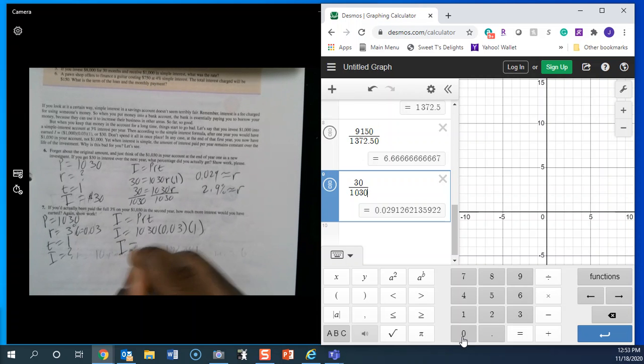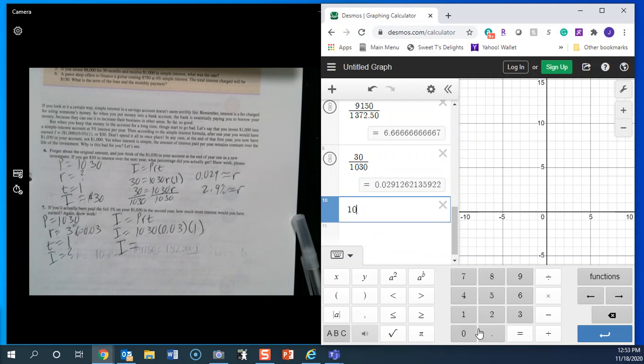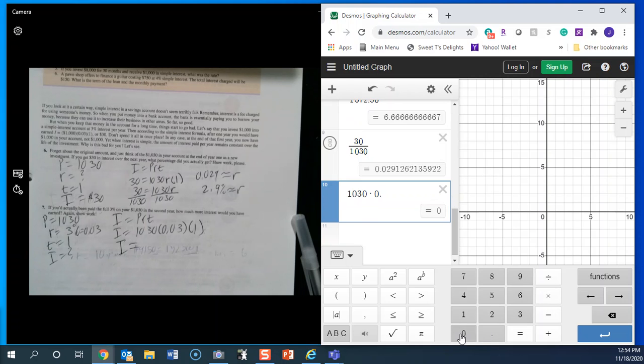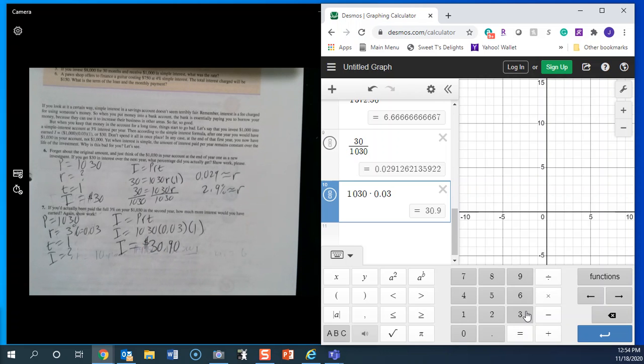Okay, so now when we put this in our calculator, we have 1,030 times 0.03. So that'll be $30.90. Now they ask us how much more interest we will have earned.